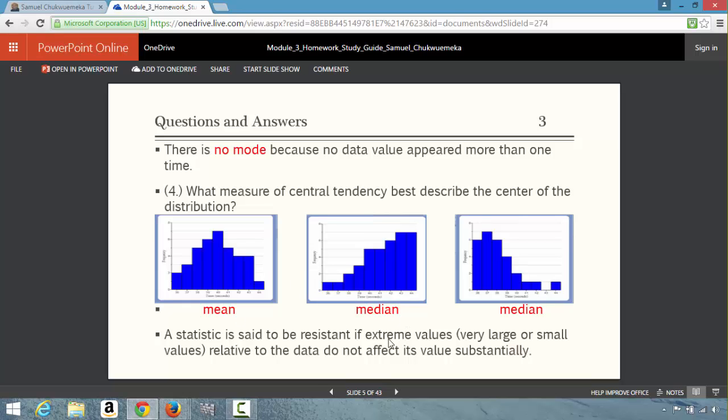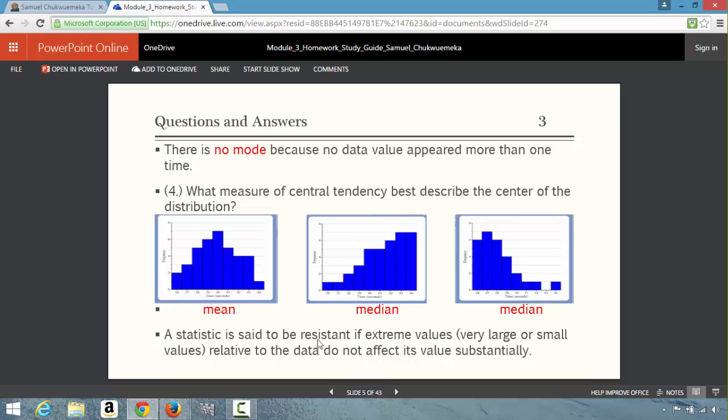But if the histogram is skewed, this is skewed left. The tail end of the distribution is to the left, and this is skewed right. Skewed right. The tail end of the distribution is to the right. If the histogram is skewed left or skewed right, then the median is the best measure of center to describe it.